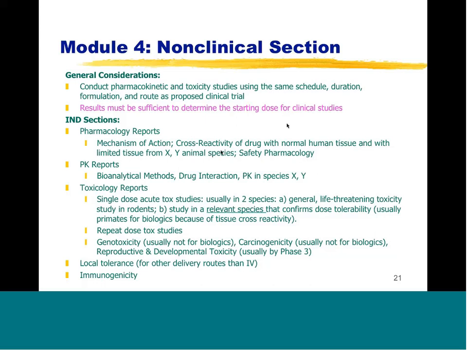If the animal model you use in the tox study does not take up that drug in its hepatocytes, that tox species is not a representative tox species. So the data would not be useful in predicting human potential liver toxicity. So that's what you're doing in this whole section in the pharmacology studies, and the reports go in there.